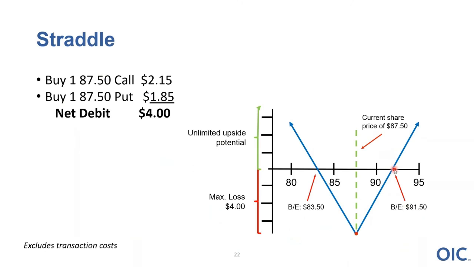That pays us back the net debit we paid up front. On the put side, we need that 87.5 put to be worth $4 to pay us back. That's at 83.5. There's your break-even point. Outside of that range, the straddle buyer is profitable. So this is volatility. It doesn't matter which direction it goes. We just want it to move an awful lot.